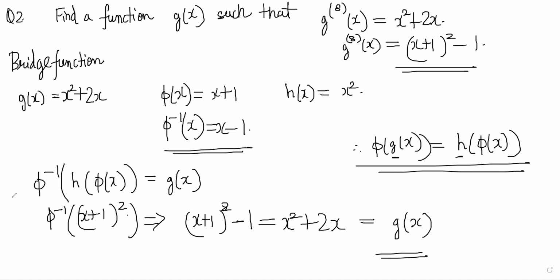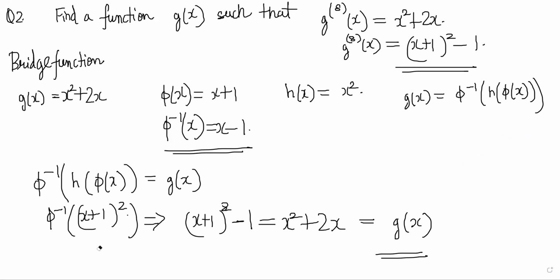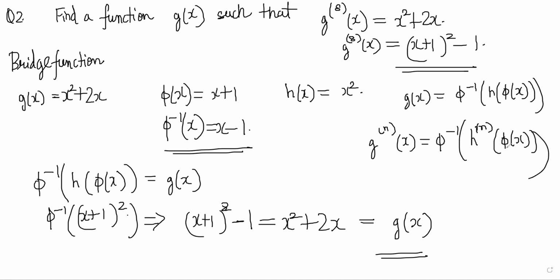So once we have established that, we know from previous theory, if g of x was equal to phi inverse h of phi of x, then g of n of x comes out to be phi inverse of h of n of phi of x, right? So this was the theory that we had developed in the previous video. G of n of x is equal to phi inverse of h of n phi of x, right?